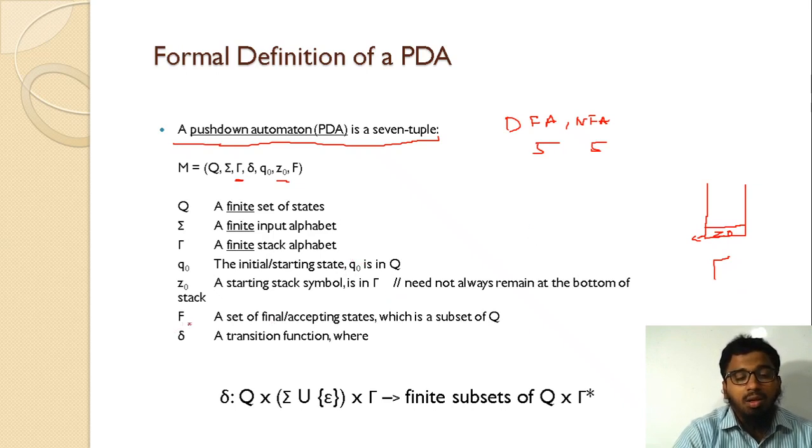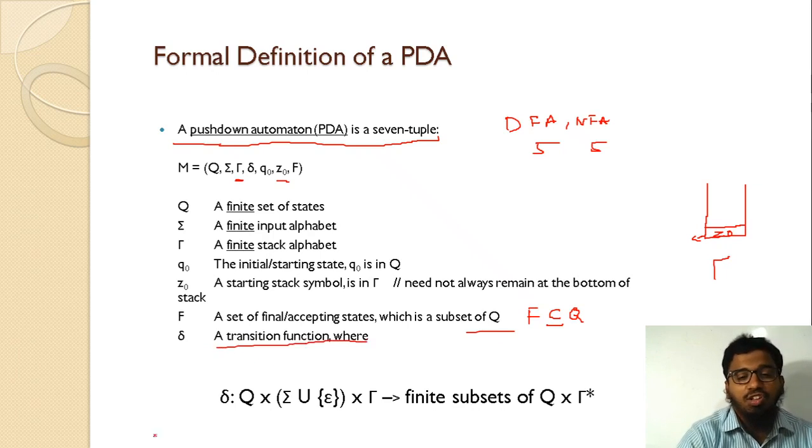What is F? F is the accepting state or final state, which is a subset of Q, same as DFA and NFA. Delta is very important here, the transition function.